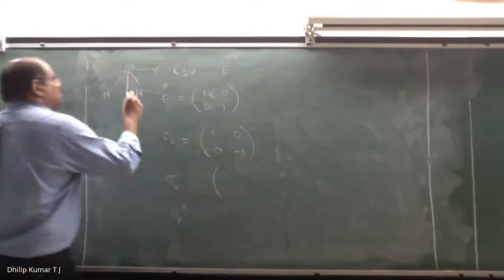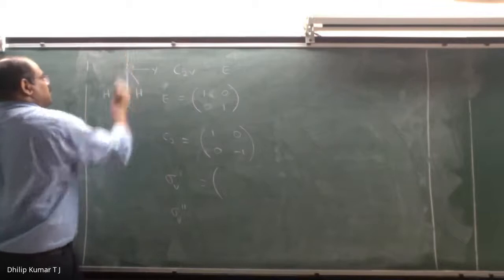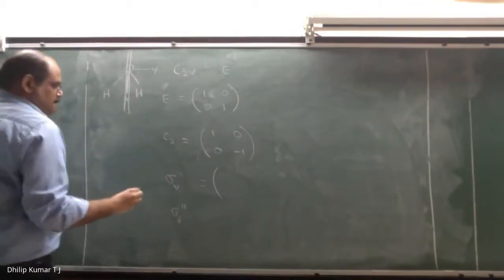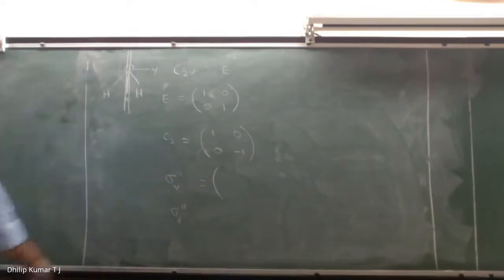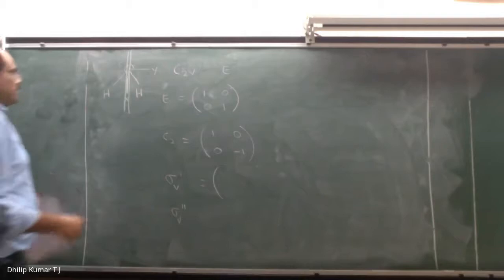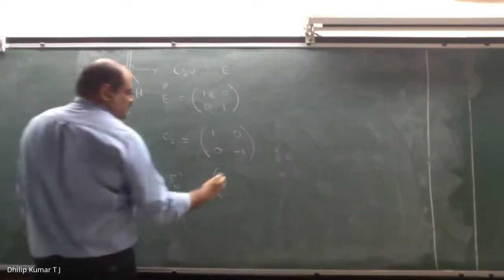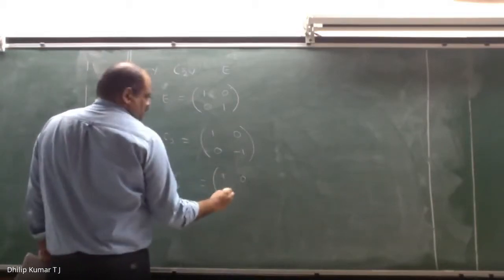Then sigma v prime and sigma v double prime. Sigma v prime is, say, bisecting the molecule into two. If you do that, again x remains as such and y goes to minus y.